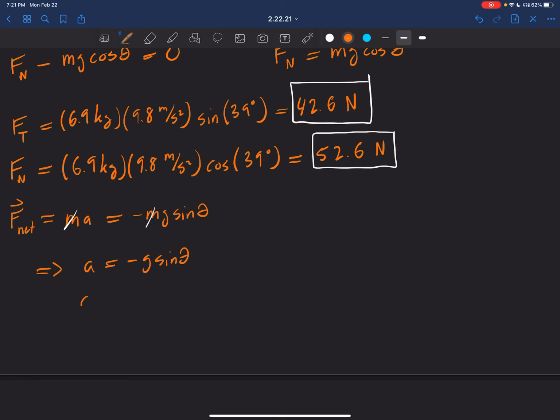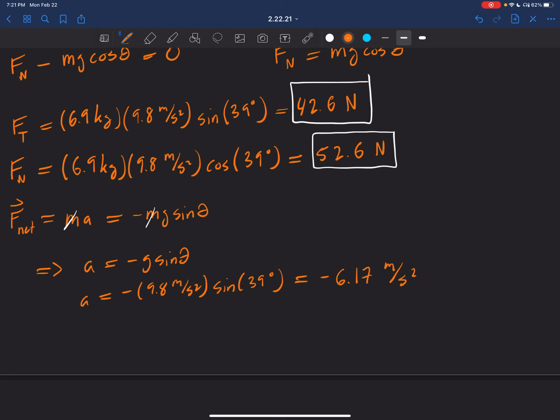The acceleration is minus 9.8 meters per second squared times the sine of 39 degrees. And that's going to give us an acceleration of minus 6.17 meters per second squared.